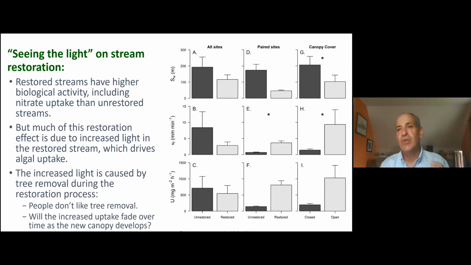And so this is a real kind of mechanistic conundrum, because people don't like the fact that the trees are removed and the trees are going to grow back. And so will this increased uptake fade over time as the new canopy develops? And I end with this to remind us that this is still a very active area of science, right?